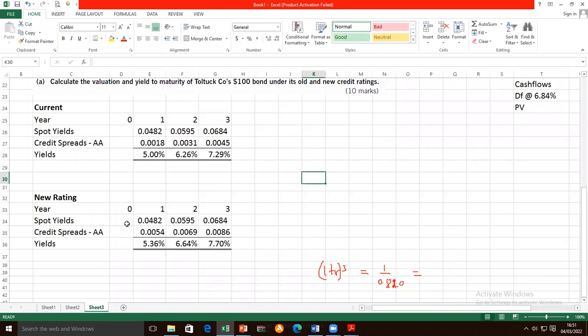So these are the new yields now. Okay. And then after finding this, let's find the bond values.